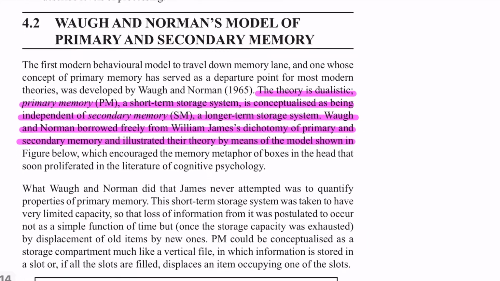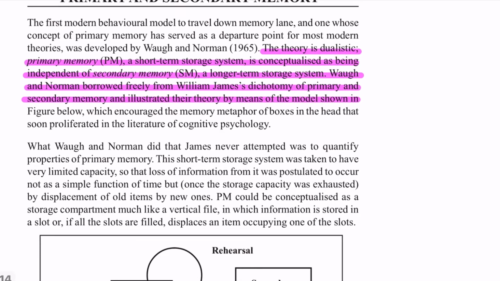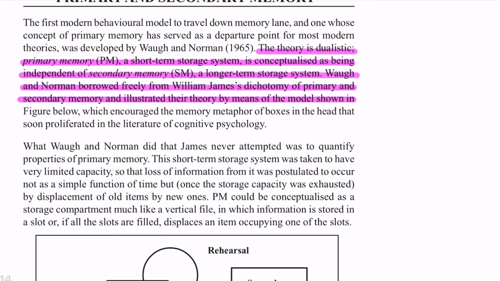They tried to find out how much we can retain in short-term memory, and they also said that short-term memory has limited space, so you can store only limited things. Through their experiments, they tried to quantify how much information you can store. Another main focus was how you forget, and how information goes into secondary memory, meaning long-term memory.